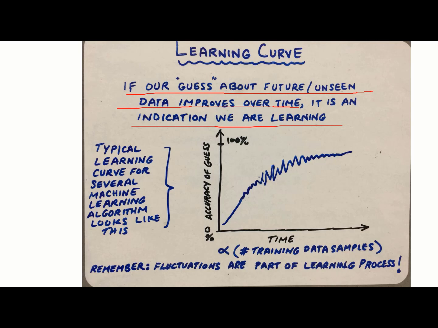So if we try to plot the accuracy of guess, which is how well we can predict the unseen data or the future data, against time, then we may see a curve which has an overall increasing trend up to some fluctuations. So this is how a typical learning curve for several machine learning algorithms looks. And you should also remember that the fluctuations are part of the learning process. So you should be brave enough.